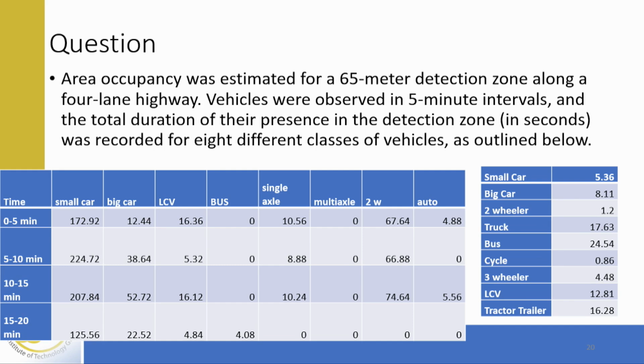So we are doing the different classes of vehicle here. We are observing two-wheelers, truck, bus, then cycles, that is non-motorized cycles, three-wheelers, LCV, and tractor trailer. What these basically give is the horizontal projected area.